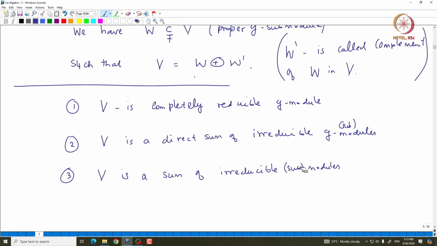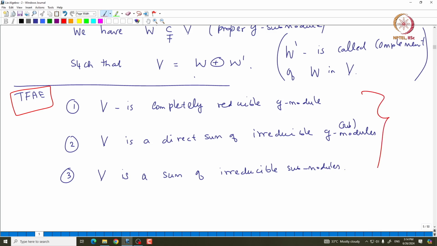So, V is just a sum of irreducible submodules. One can prove that all these statements are equivalent. V being a completely reducible G module means V can be written as a direct sum of irreducible modules. That is also equivalent to V just being a sum of irreducible modules.